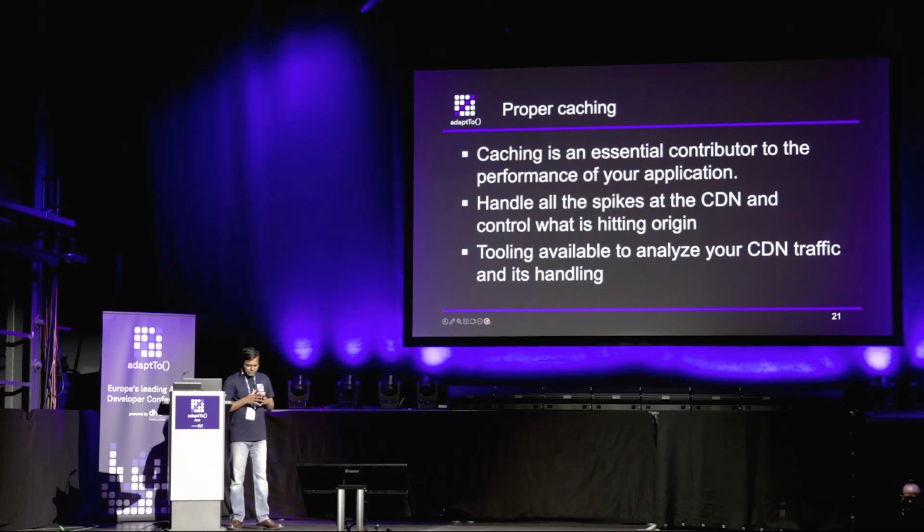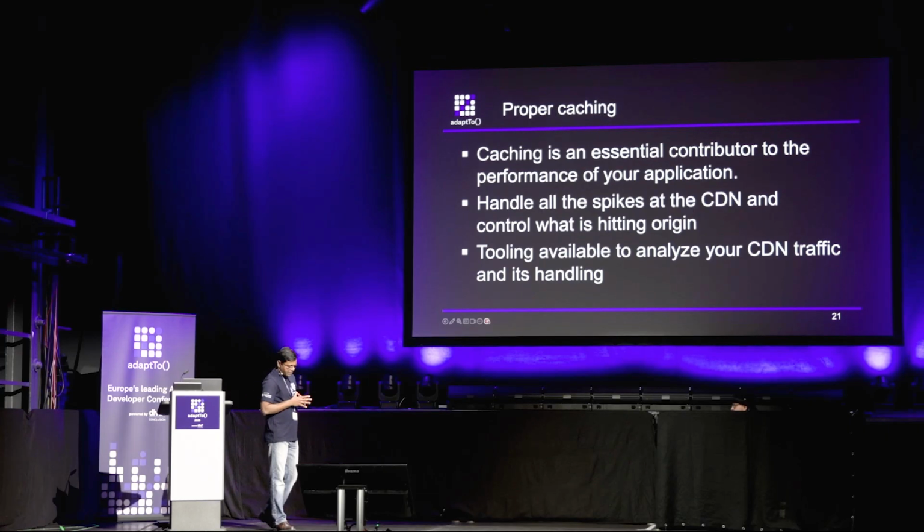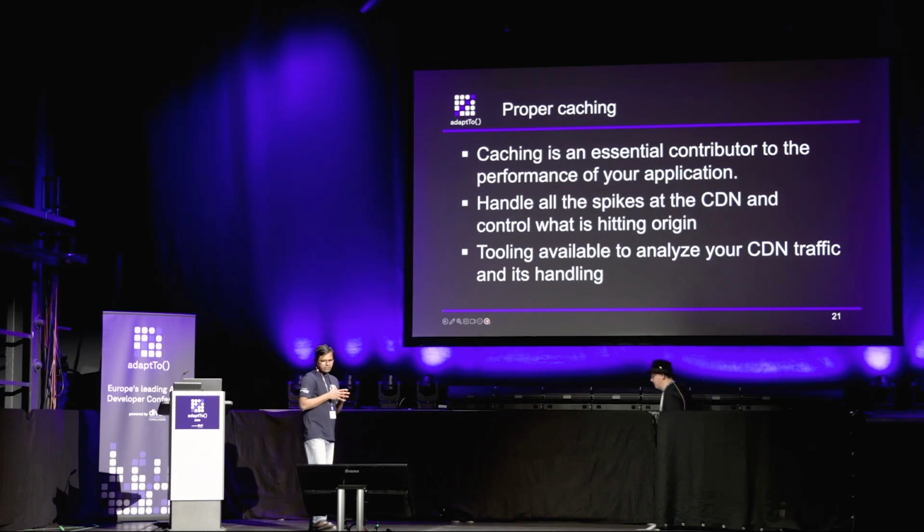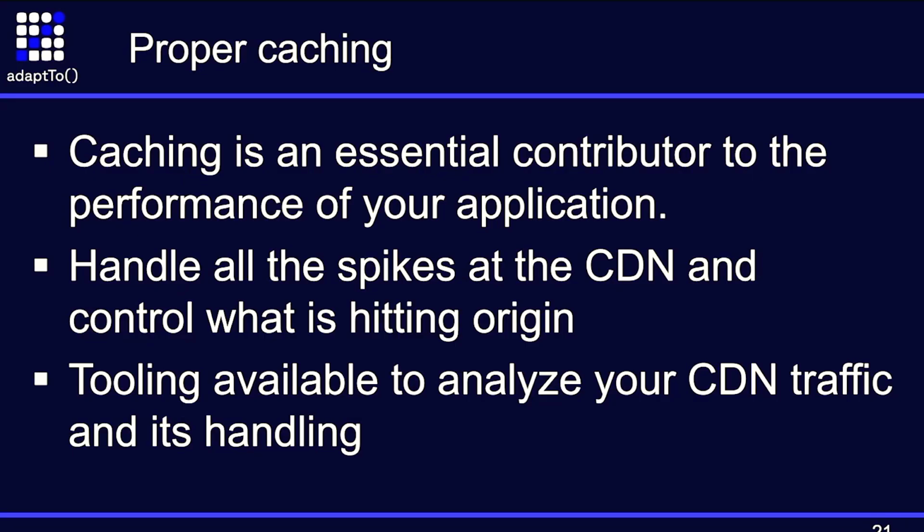So let's look at what proper caching is. The proper caching is the CDN-first approach, where for most of the content requests we aim to serve from the CDN layer. Now you may notice that when the request is served from the CDN layer, many resources are served in less than 50 milliseconds.